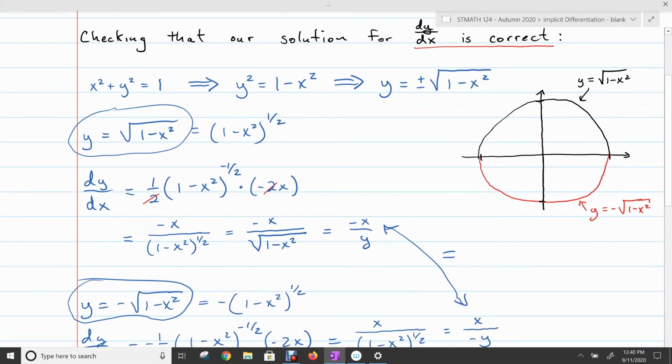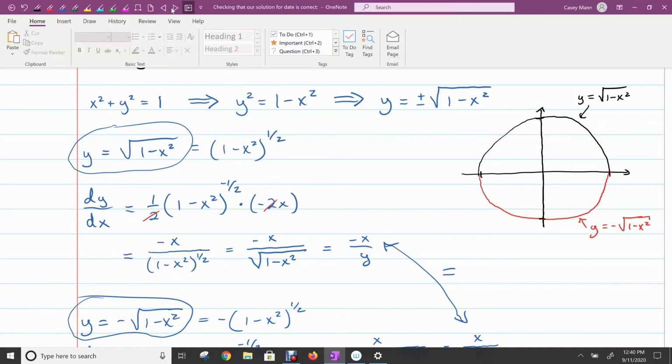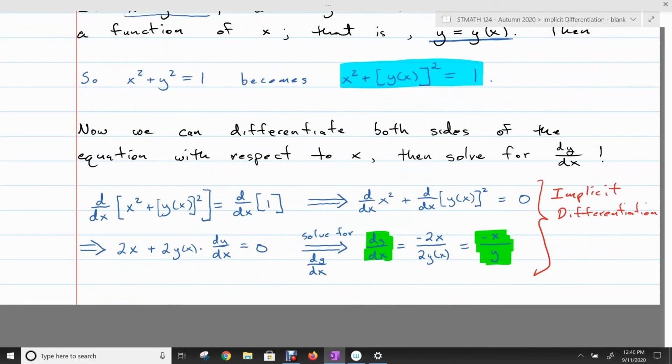So the point of this was just giving you some confidence that that sneaky process that we did a minute ago gets the same result as what we did at the bottom of the screen here. And then, yeah, if you can solve for y and get y as a function of x, sure, you could go ahead and just differentiate it the old-fashioned way.